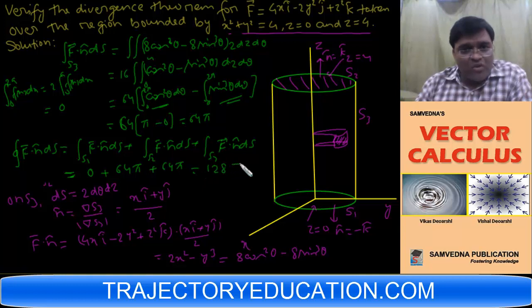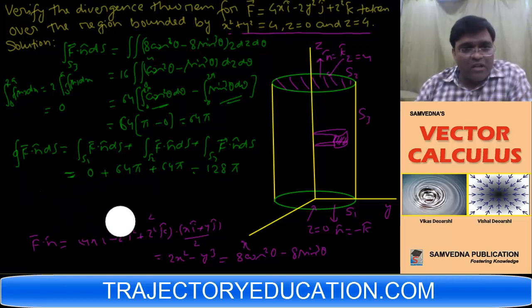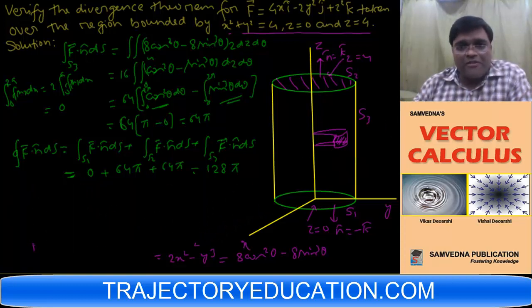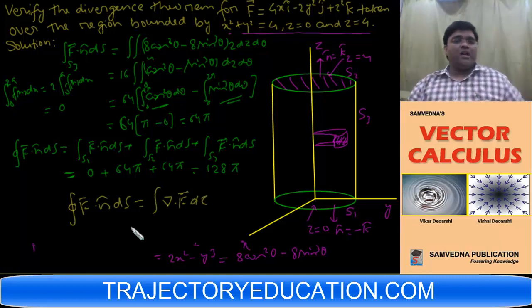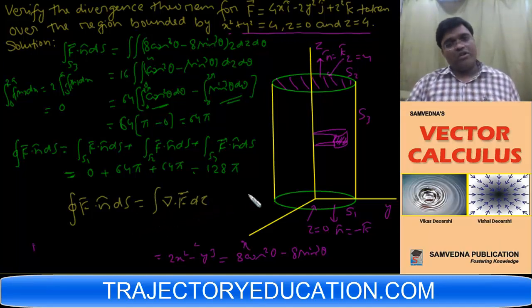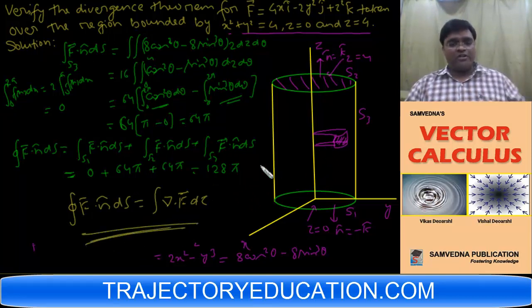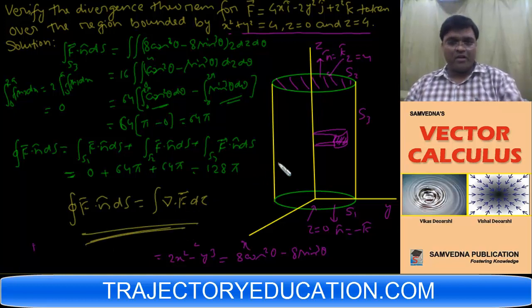So this is 128 pi. So we are able to prove that the surface integral is equal to the volume integral. We have proved that the integral of f dot n ds is equal to the integral of del dot f d theta. So we have proved this. This is a very important question. All right.